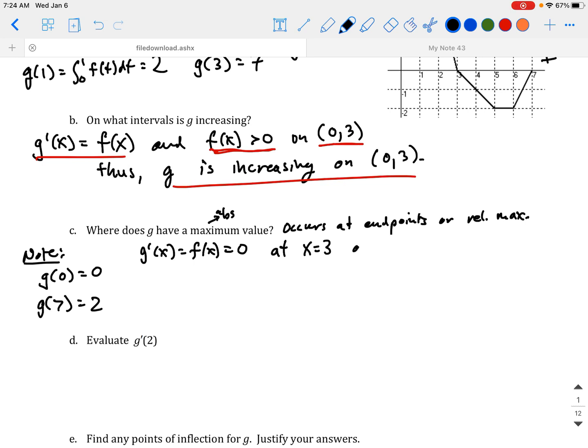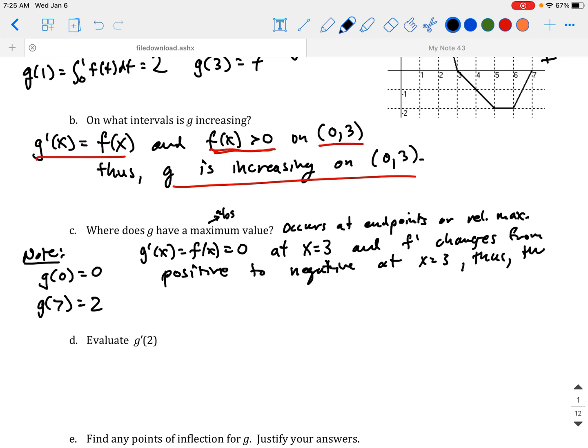So at x equals 3, and f prime changes from positive to negative at x equals 3. Thus, there is a relative max at x equals 3. So we need to check x equals 3.